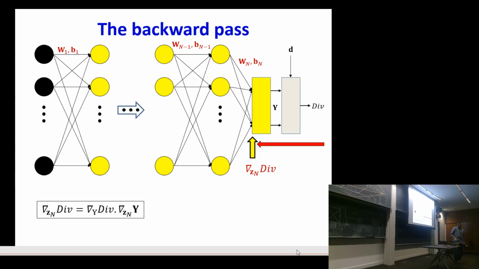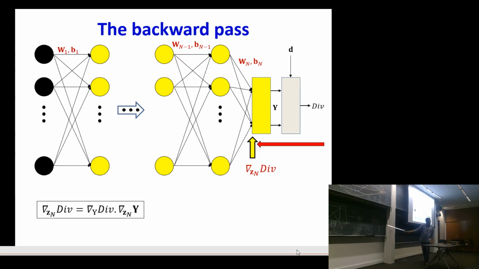Very straightforward. And in between, we also need to compute the derivatives with respect to the parameters. If you're computing derivatives with respect to biases, that's simply going to be the derivative with respect to z, as we saw. But suppose I want to compute the derivative of the divergence with respect to this weights matrix. That we saw is going to be this output vector times the derivative of the divergence with respect to z, using the rule that I have on the board.